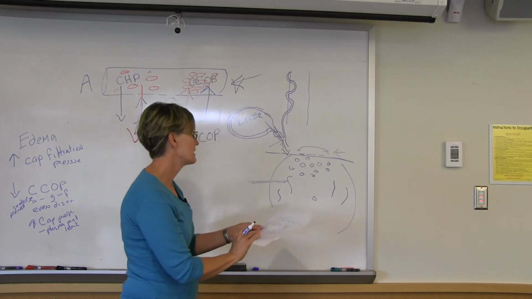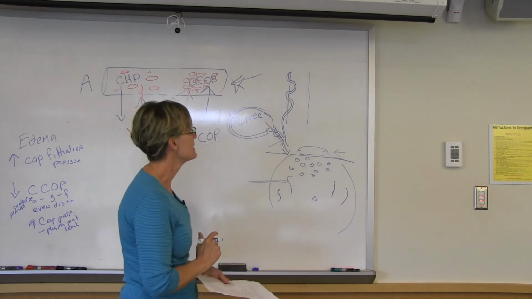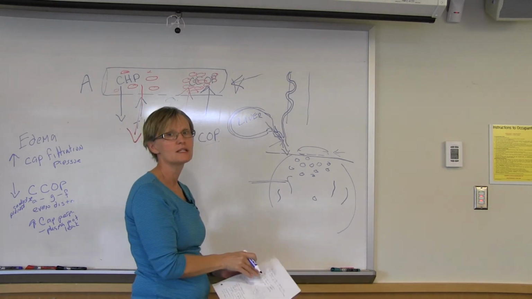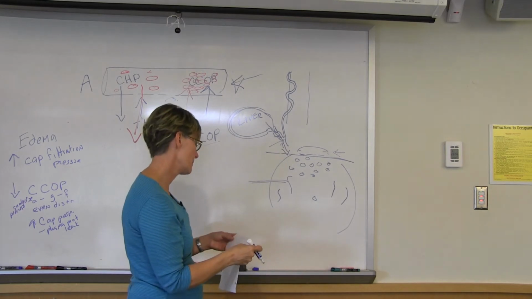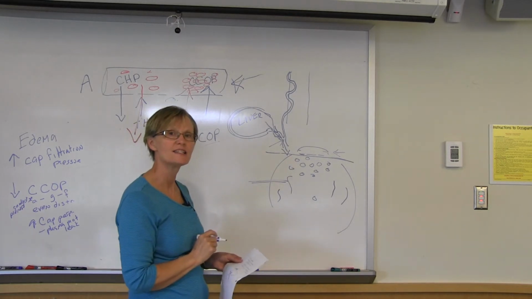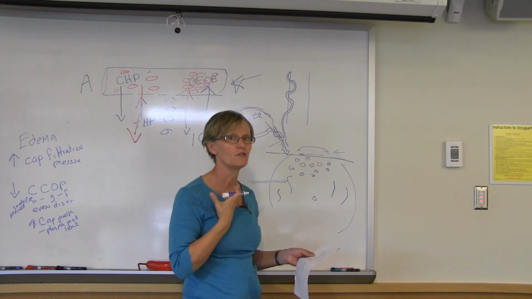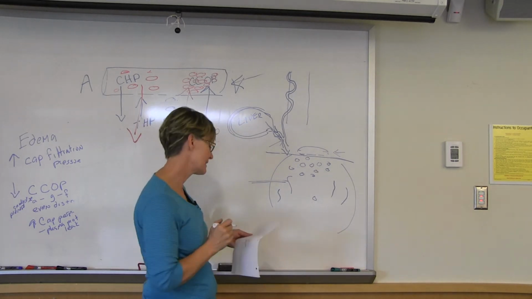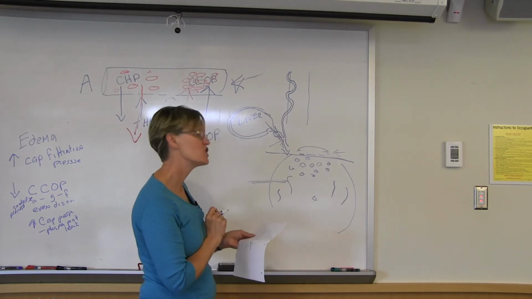The other thing that we can do for this person is that we can put a shunt in this liver. Okay, there is a procedure called a TIPS procedure, and it's a transjugular. Remember that your jugular vein is here. Transjugular intrahepatic portosystemic shunt.